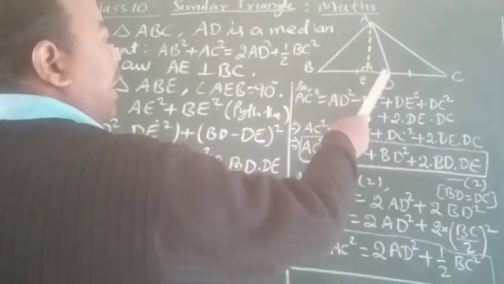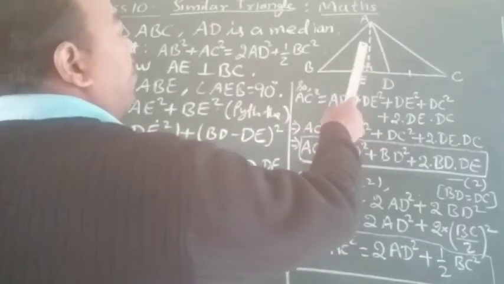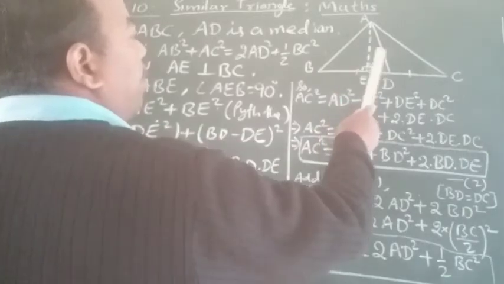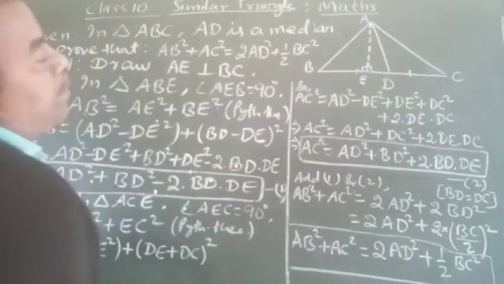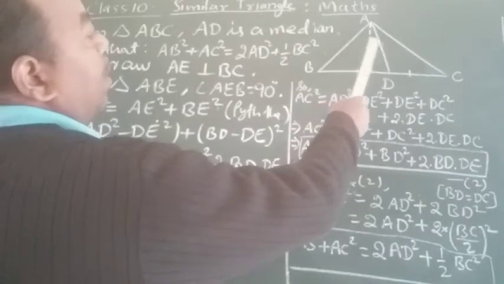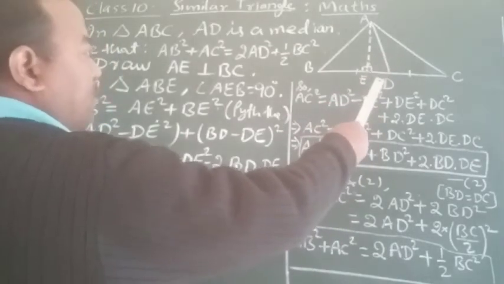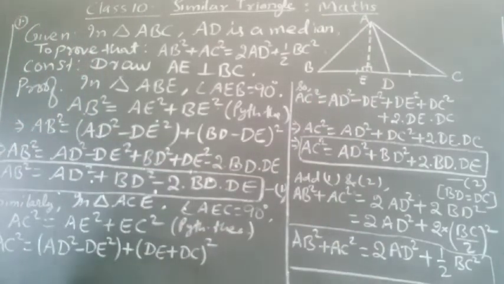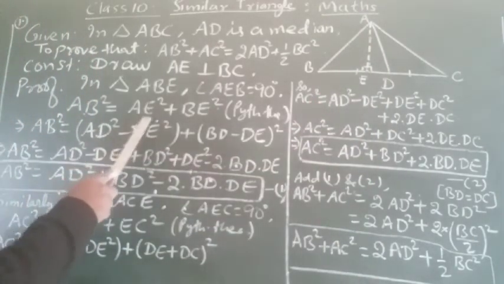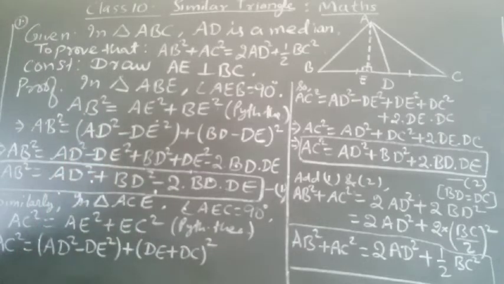With the help of ADE, we find the value of AE square by the sides AD and DE. Perpendicular square equals hypotenuse square minus base square, so in place of AE square we can write AD square minus DE square.